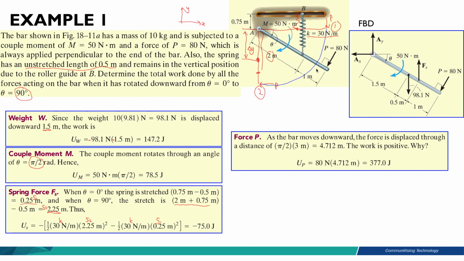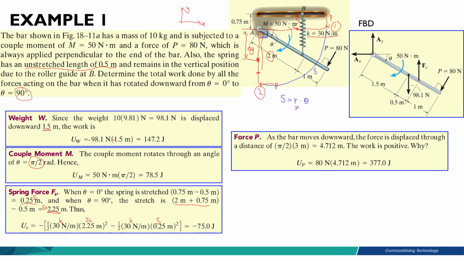This is the displacement S of force P. Since we have this angle of 90 degrees, we can calculate the displacement S by using the equation S equals R times theta in radian. In this case, R is the length of the rod, that is 3 meter.